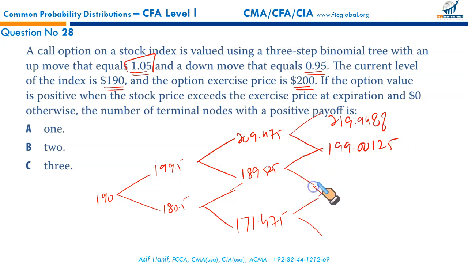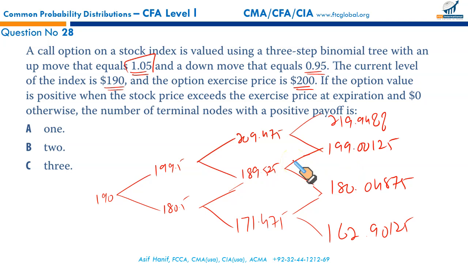And here the down move 189.525 times 0.95 gives you 180.04875, and in this case 171.475 times 0.95 gives me 162.90125. What's the question now?